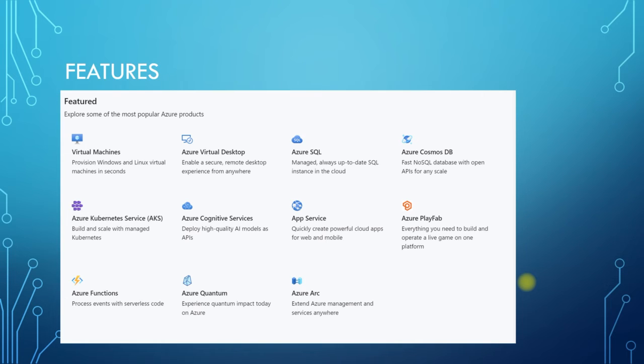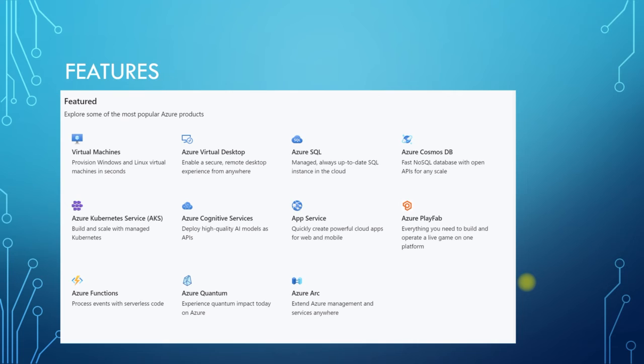Then we have App Service. You can quickly create powerful cloud apps for web and mobile. It's very simple when you are using the features of Microsoft Azure. Then we have Azure PlayFab, everything you need to build and operate a live game on one platform. We have Azure Functions, process events with serverless code, and we have Azure Quantum.